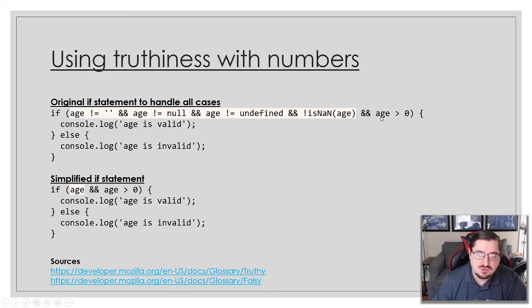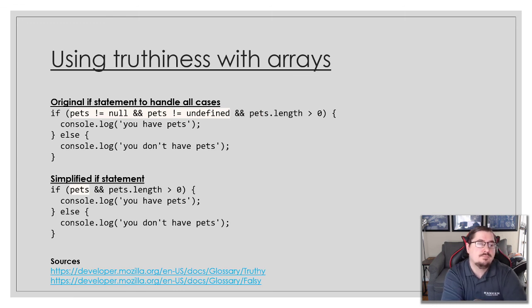I still have to check this side of it because truthy and falsy doesn't refer to negative values. So I still need to check that the age isn't negative, but I don't have to check each of these things one by one. So this can really, really clean up your validation checks, your client side and server side validation checks, if you use this. Okay.